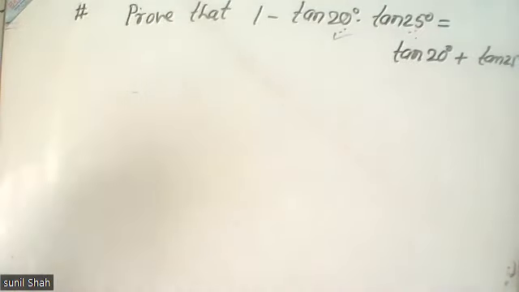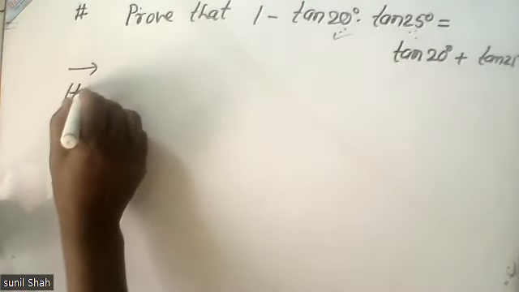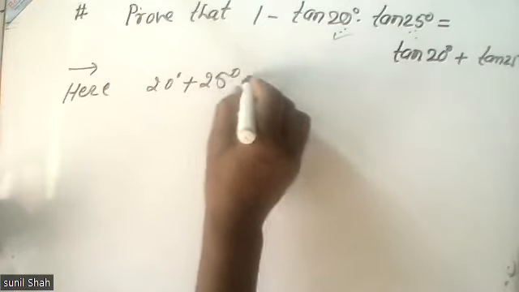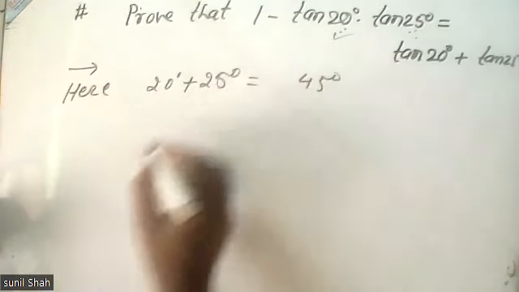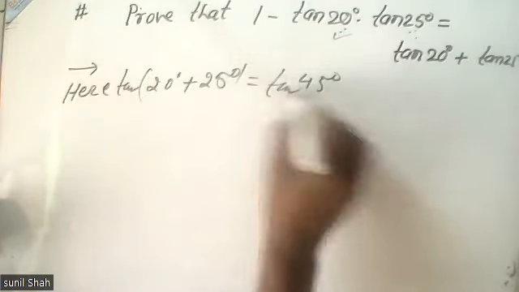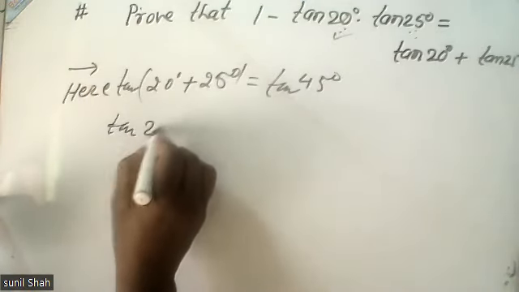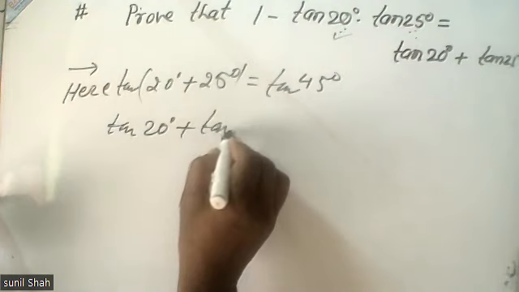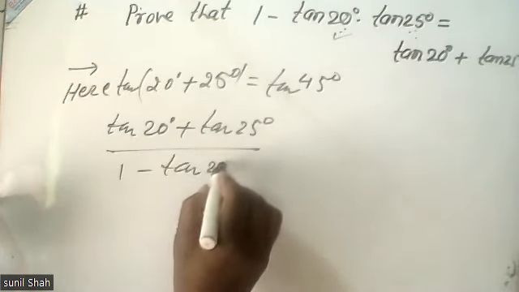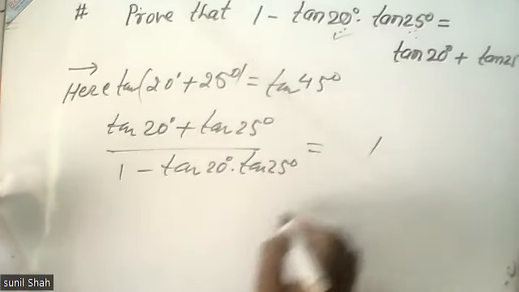So do as before. Here 20 degree plus 25 degrees is 45 degree. Taking tan on both sides, and this side also tan. Put the formula of tan A plus tan B. Tan 20 plus tan 25 degree by 1 minus tan 20 into tan 25 degree is equal to 1.